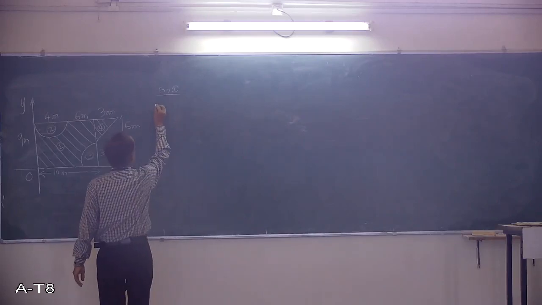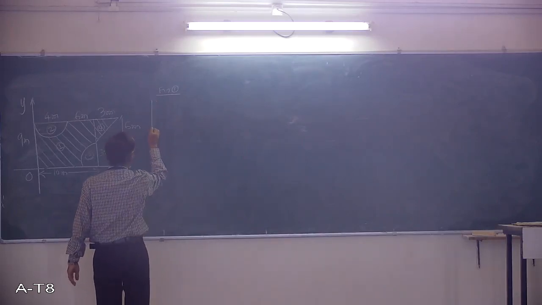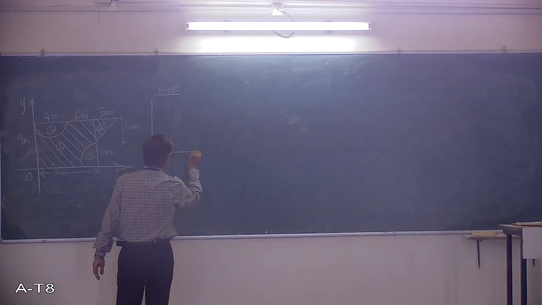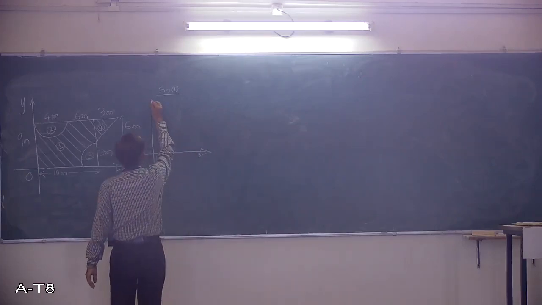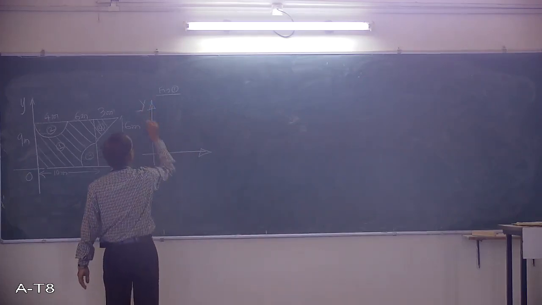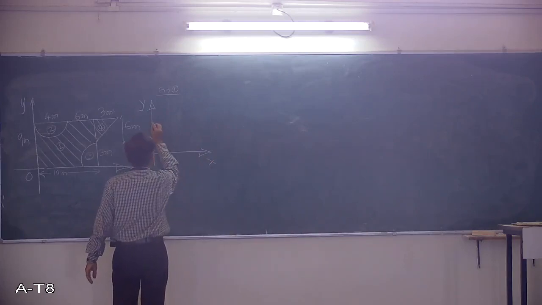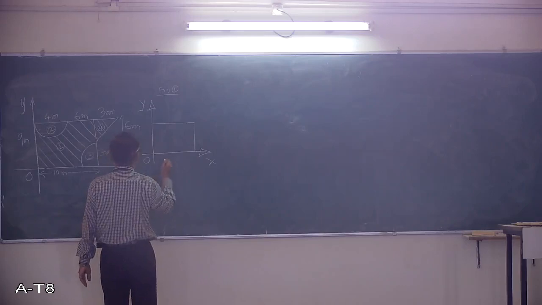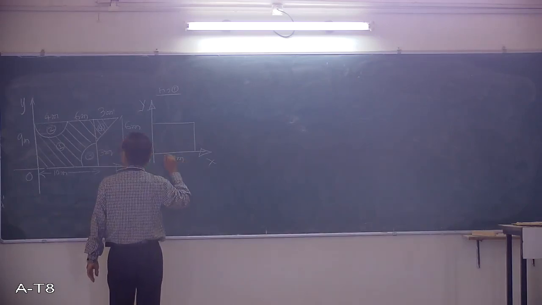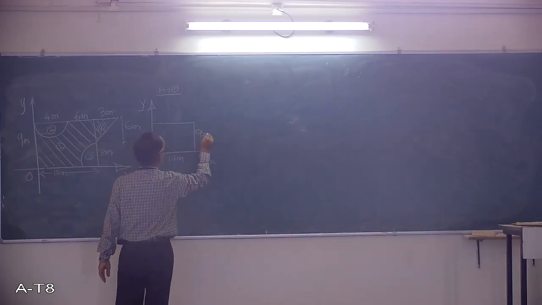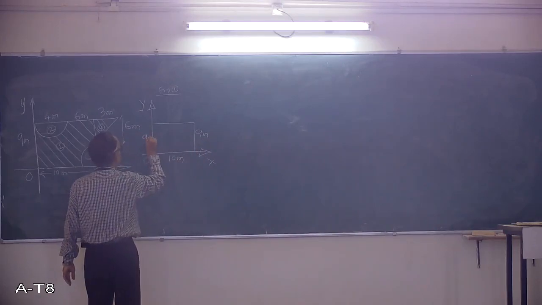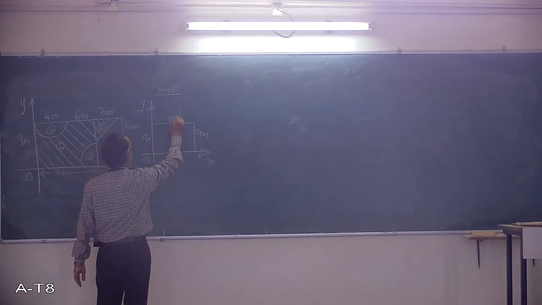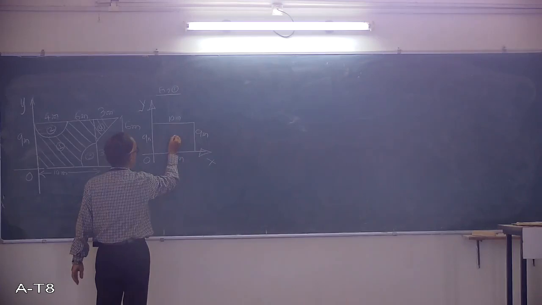I draw the x and y axis. I write the origin, 10 meter, 9 meter, 9 meter, and 10 meter. The centroid will be at this point.